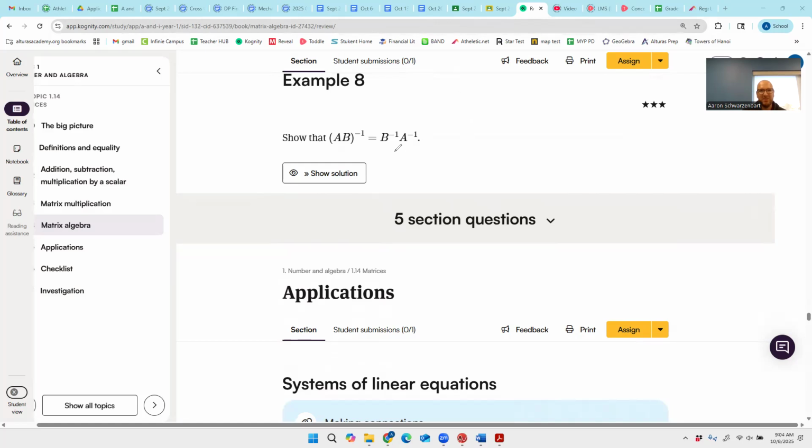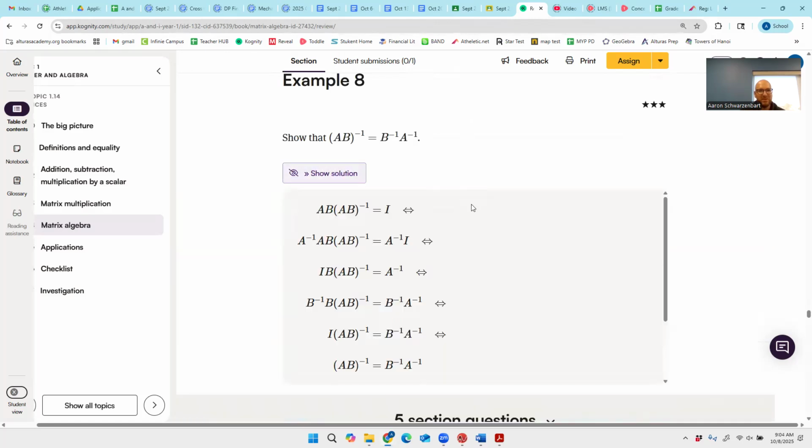So, AB inverse. I don't remember the first step.